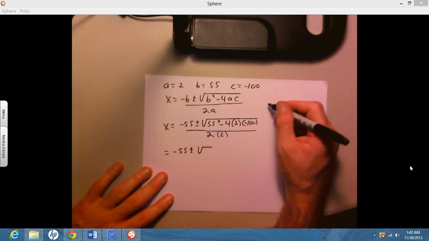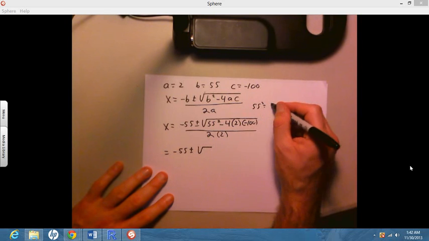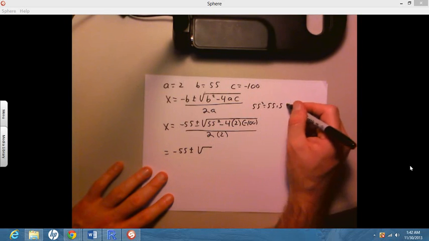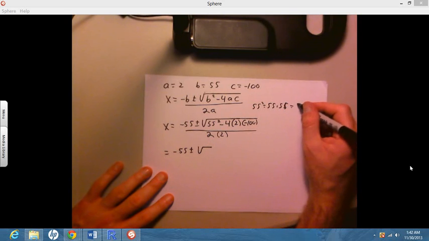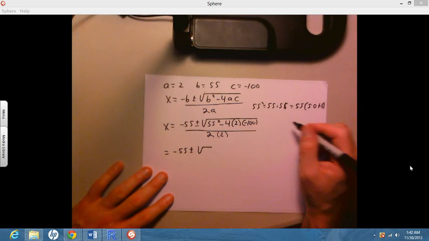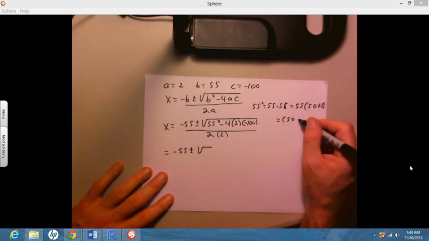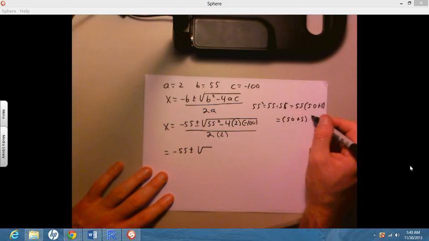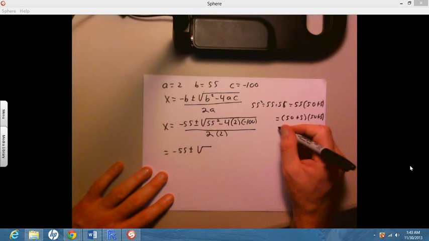Let me do that real quick right here. So 55 squared is equal to 55 times 55, you can do it on your calculator, is equal to 55 times 50 plus 5, is equal to 50 plus 5 times 50 plus 5. You could have done this on your calculator. When I do things like this, it helps me do it in my head. I'm just doing it on paper so you could see.